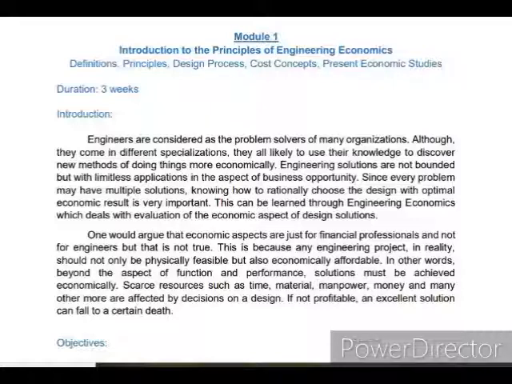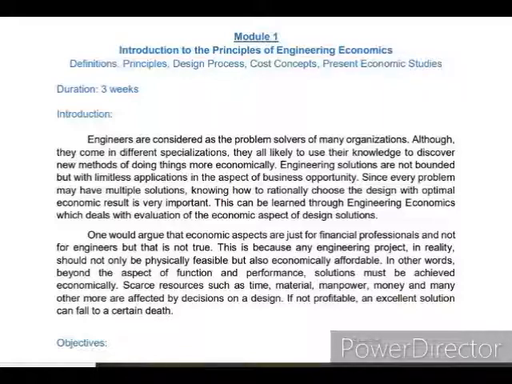Since we have limited resources, we cannot afford to waste them on a solution that is not the best. If not profitable, an excellent solution can fall into debt, and that is true. Every solution shall be economically sound and profitable.